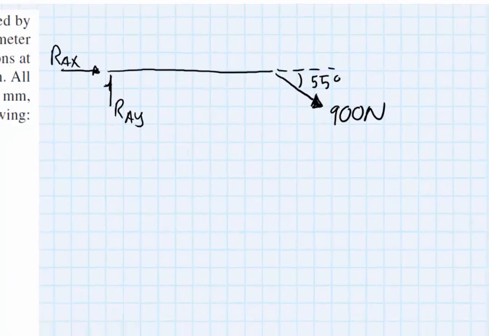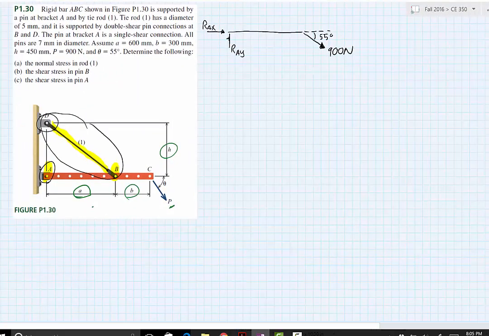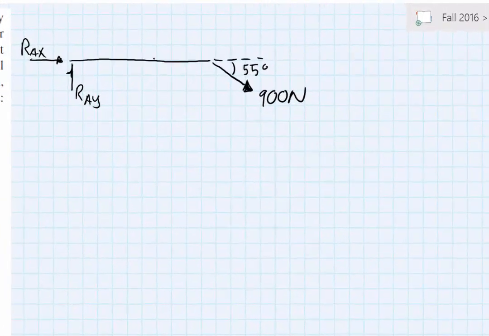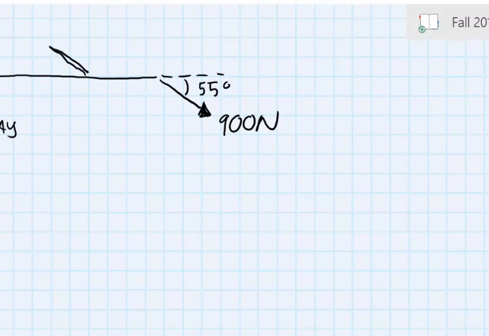And then this rod 1, one thing I want to call to your attention is there's something special about this, a unique thing that we call it. It's a two-force member. And with a two-force member, we want to make sure that we know that this force acting from B is acting along that rod.